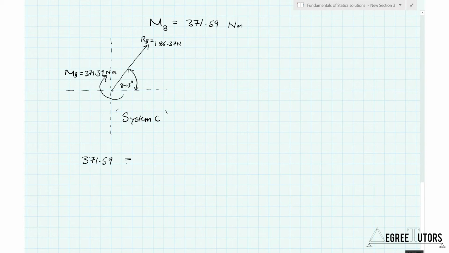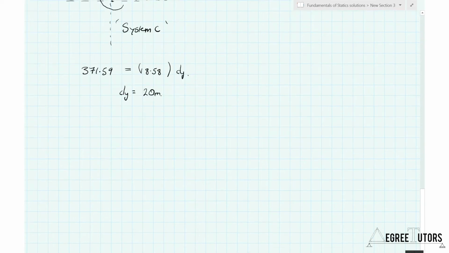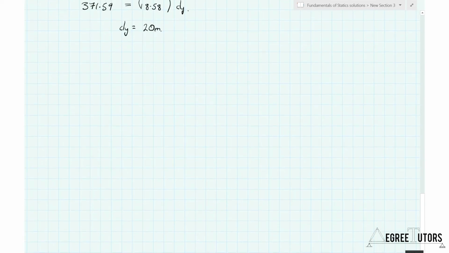The relevant force in this case is going to be the horizontal component of RB, which is going to be 18.58, and that's going to get multiplied by a lever arm dy, essentially the distance along the y-axis the force is shifted. Okay, and we can simply say, therefore, solving dy is going to equal 20 meters. Okay. All right then, so let's sketch out the system.